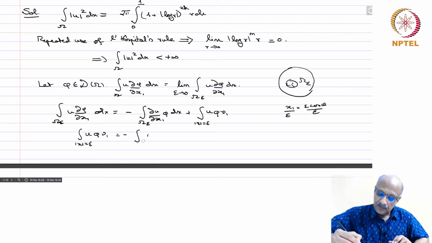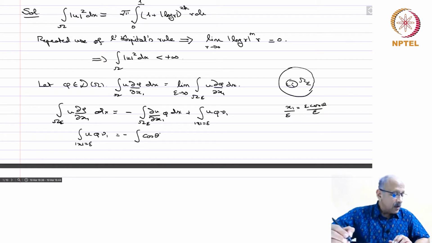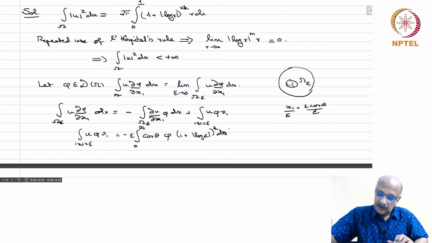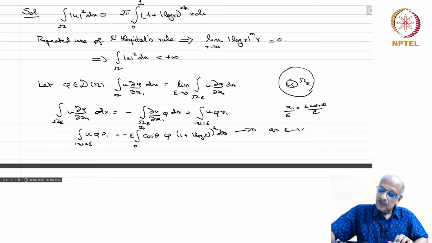So the whole thing will just give you cos theta, and then phi, into (1 plus |log epsilon|) to the power k, and then you integrate from 0 to 2 pi, and you have epsilon d theta as the element of integration, because it is on a circle of radius epsilon. So once again, cos theta and phi are all nice bounded functions, and epsilon times (1 plus |log epsilon|) to the power k will go to 0, and therefore this goes to 0 as epsilon goes to 0.